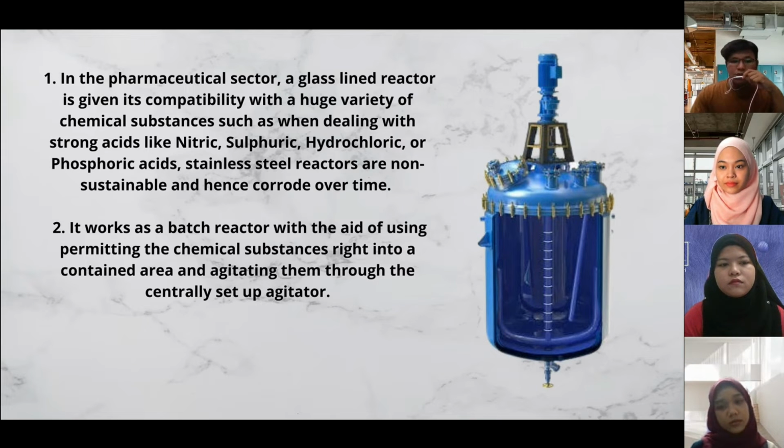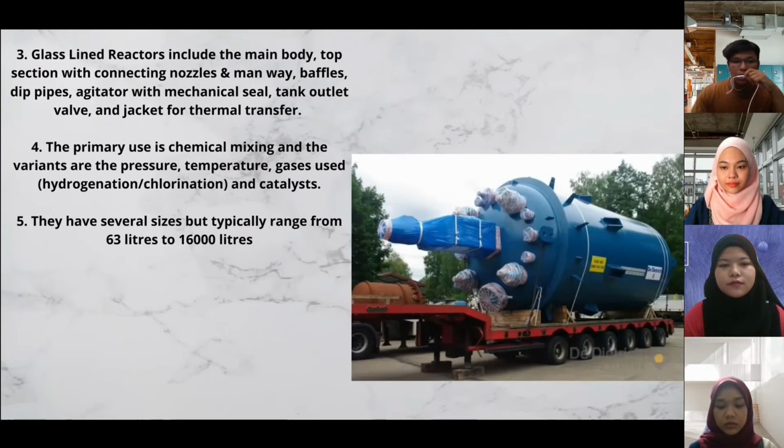Second, it works as a batch reactor by permitting the chemical substances into a contained area and agitating them through the centrally installed agitator. Third, the glass-lined reactor includes the main body, top section with connecting nozzles and manway, baffles, dip pipes, agitator with mechanical seal, tank outlet valve, and jacket for thermal transfer.